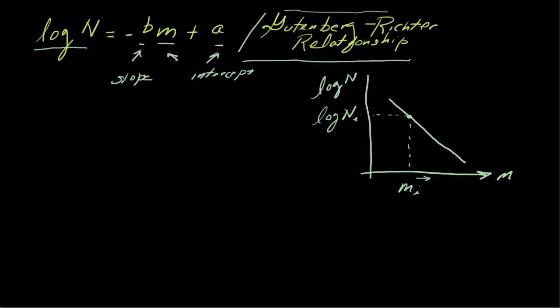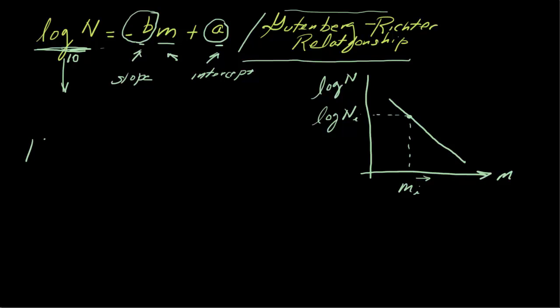So the question is, if we derive this expression, if we figure out what the slope is and what the intercept is, we solve for the log of n, how can we figure out what n is? Well, we know that the log of n is just the power that we raise the base to. In this case, the base is not e, the base is 10.